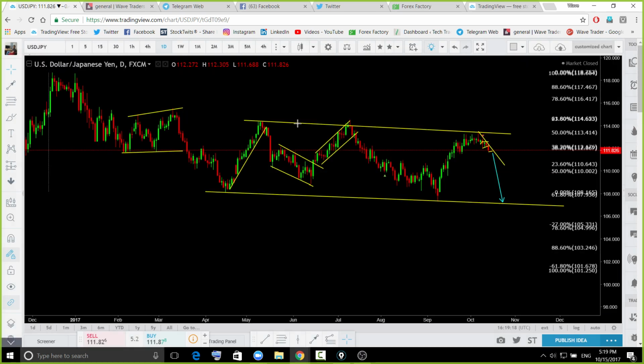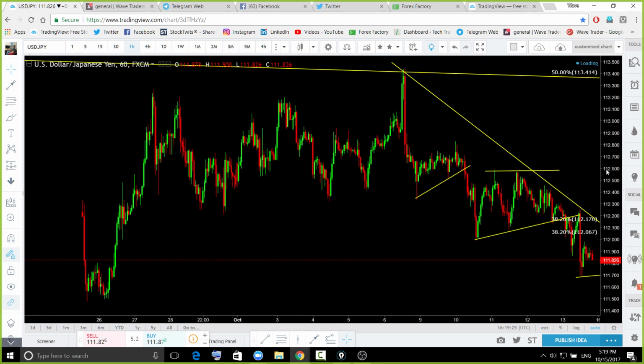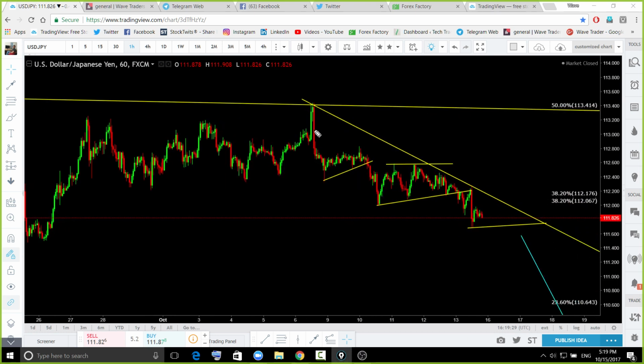Those who are in that trade from that top, the top I have just shown you, from this area: last week we were anticipating this flag to complete, and then we saw a triangle. We were tracking that triangle in our room a whole week.